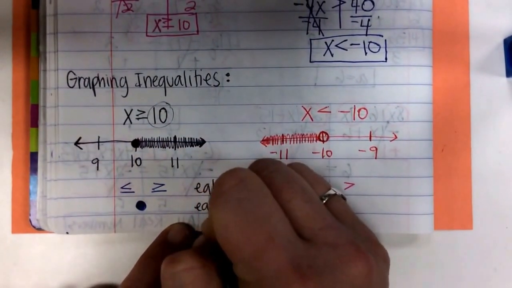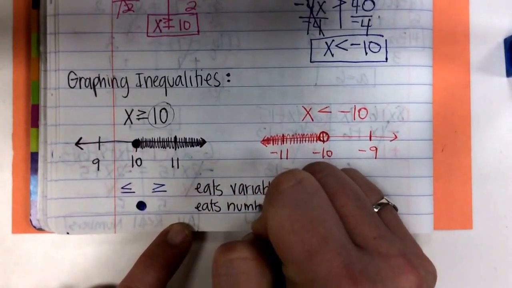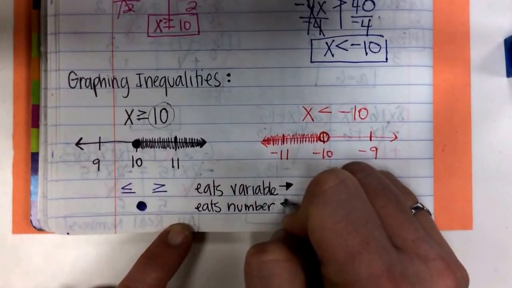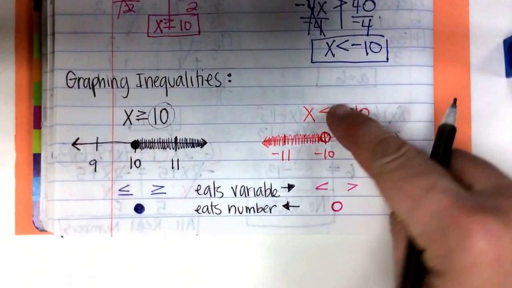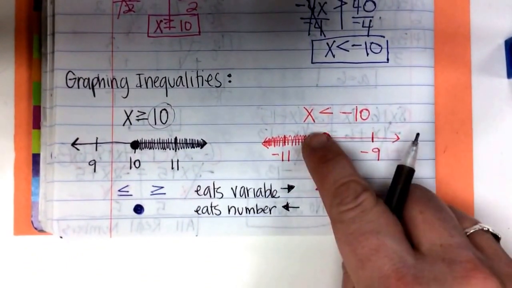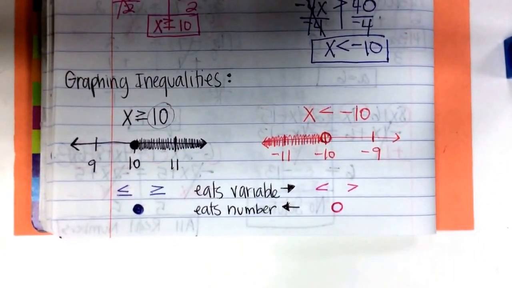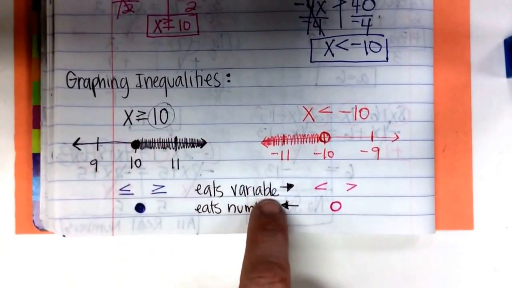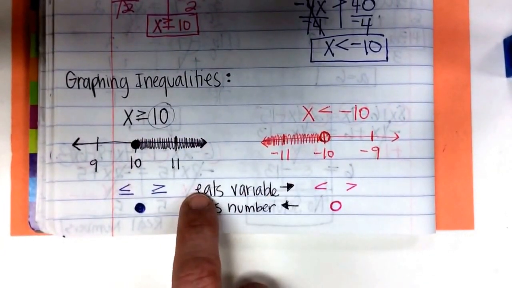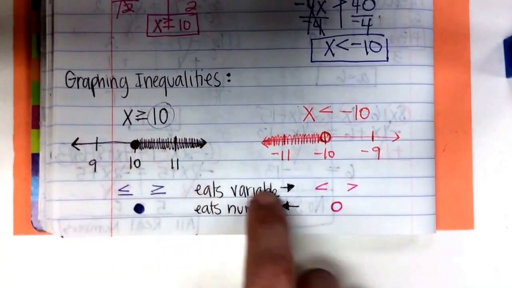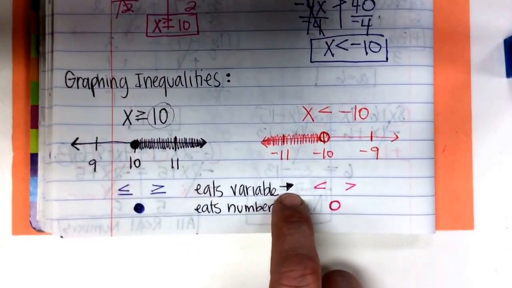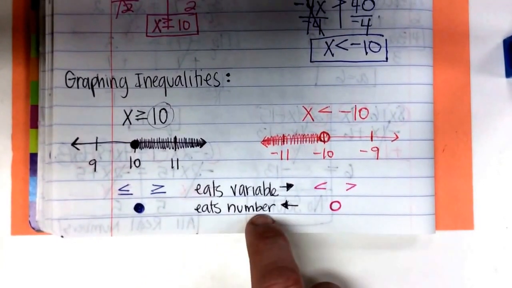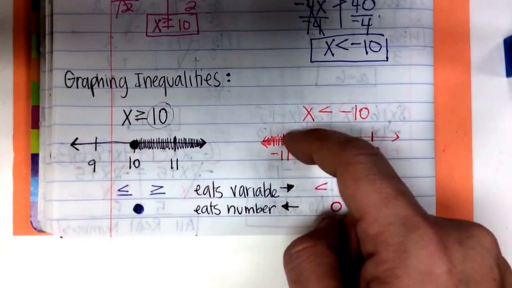If it eats the number, you shade to the right. See how it's eating the number? And it shades, oh my gosh, I got my words mixed up. This is to the right. My arrows are correct. If it eats the variable, you shade to the right. If it eats the number, you shade to the left.